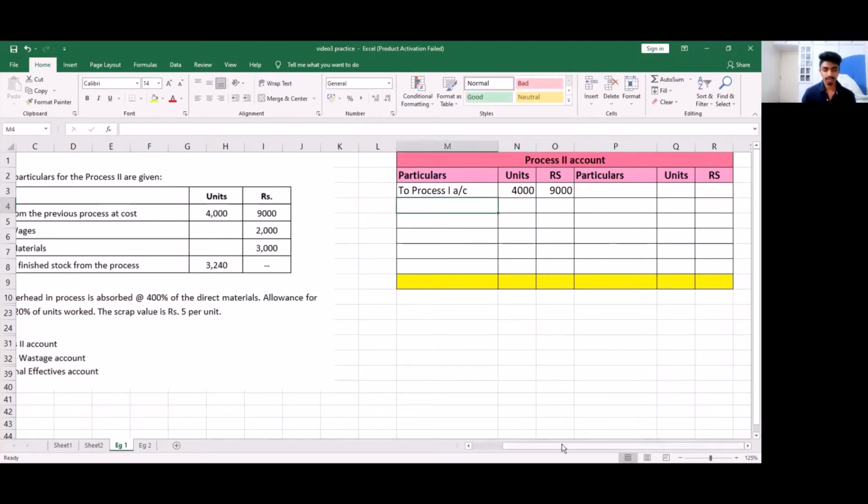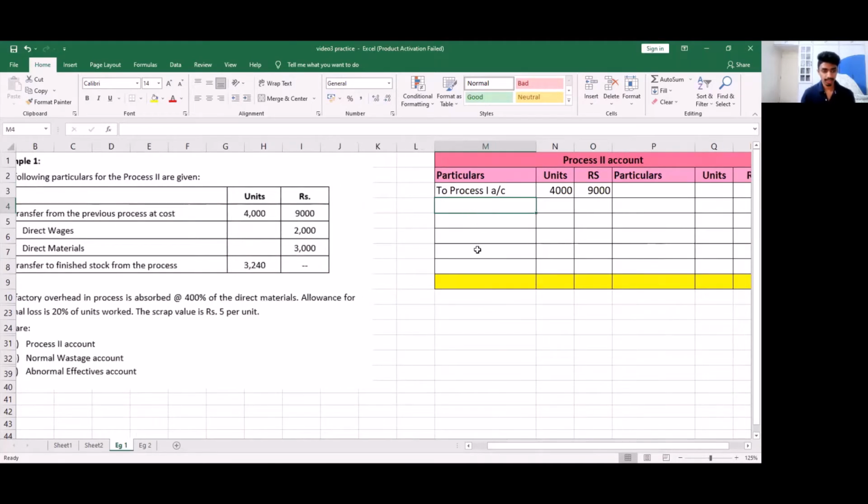Next, we have direct wages. So our direct wages is given as 2,000 rupees. And we know wages does not increase our output. So there will be nothing in the units column. Then we have direct material. Direct material amounts to 3,000 as given in the question.